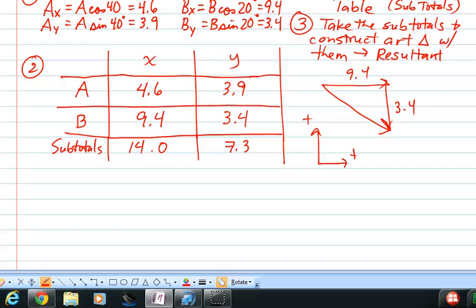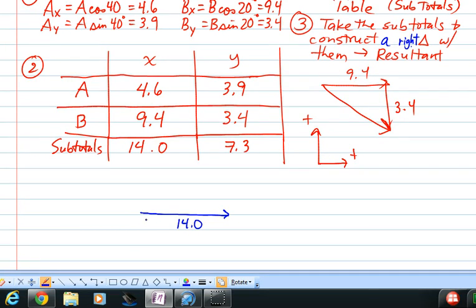So my last step is to take the subtotals and make a right triangle with them. Sorry, it looks like construct art. So construct a right triangle with them. So x is 14.0. Notice how I make that a vector.